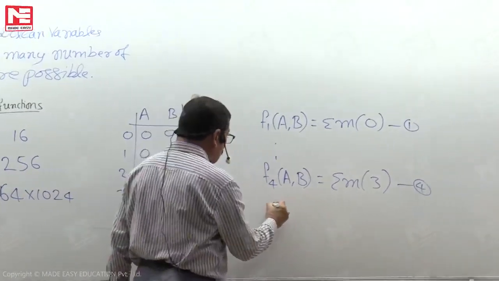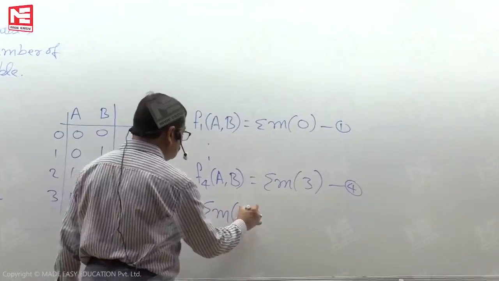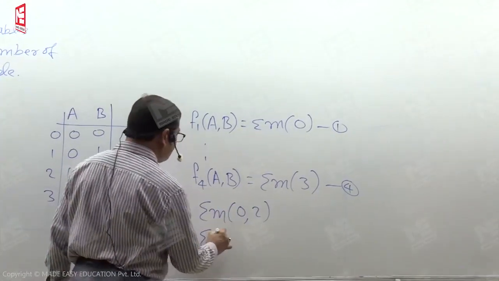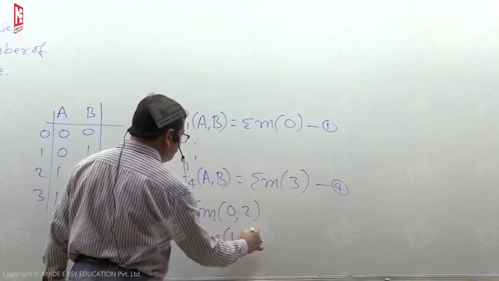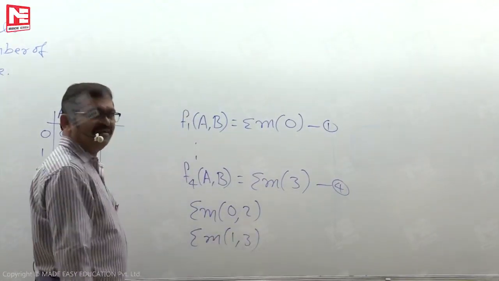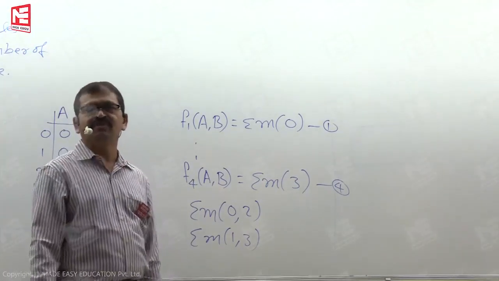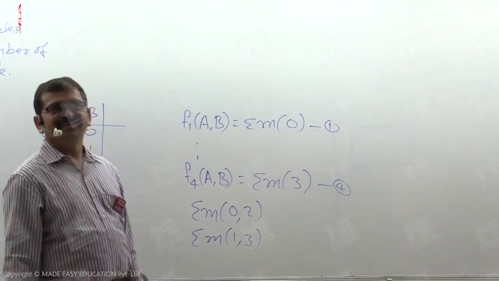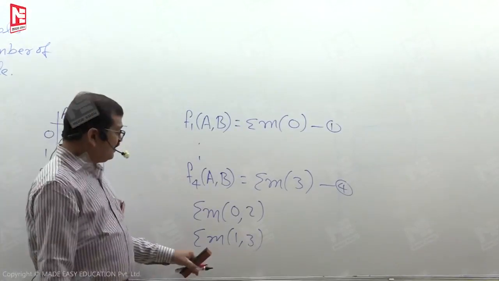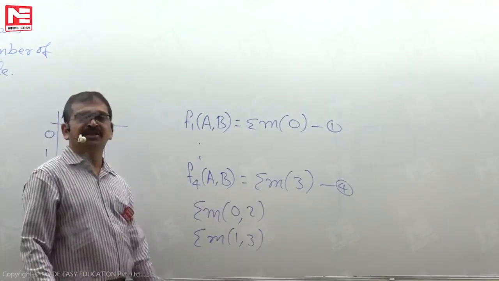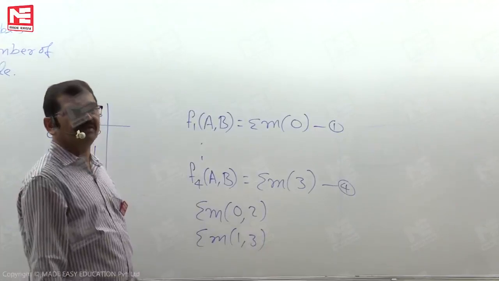taking two combinations as the minterms, say 0, 2, say 1, 3, like this. So out of 4 combinations, taking two combinations as minterms, we can also develop functions. And if you have a question, taking two combinations as the minterms, how many functions are possible?